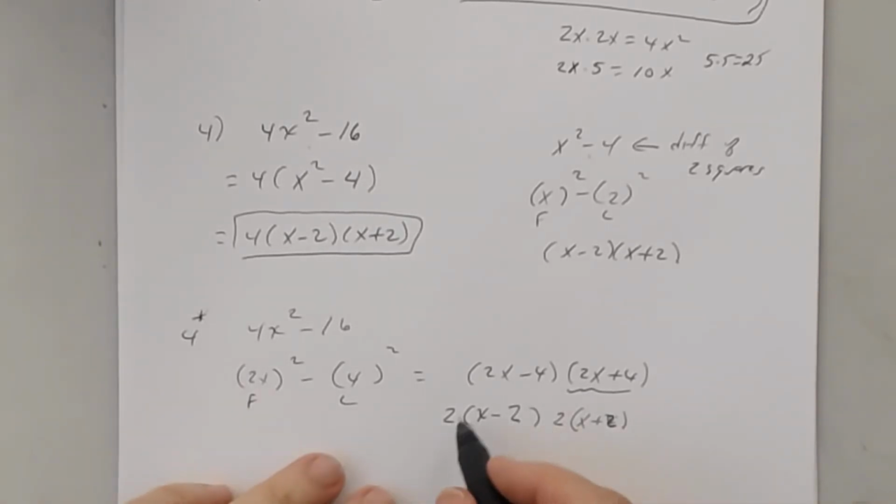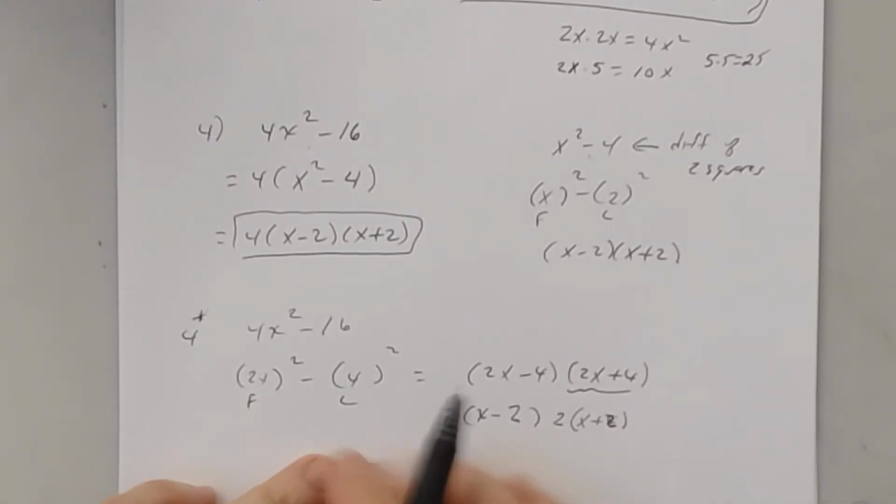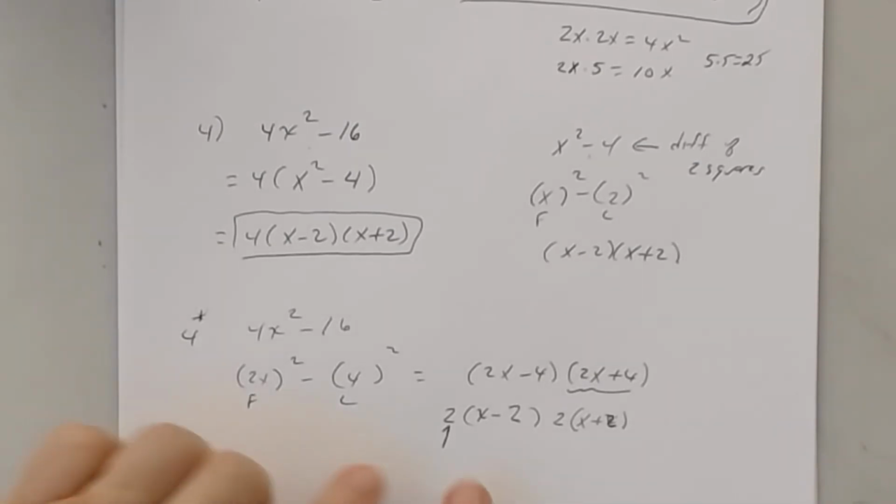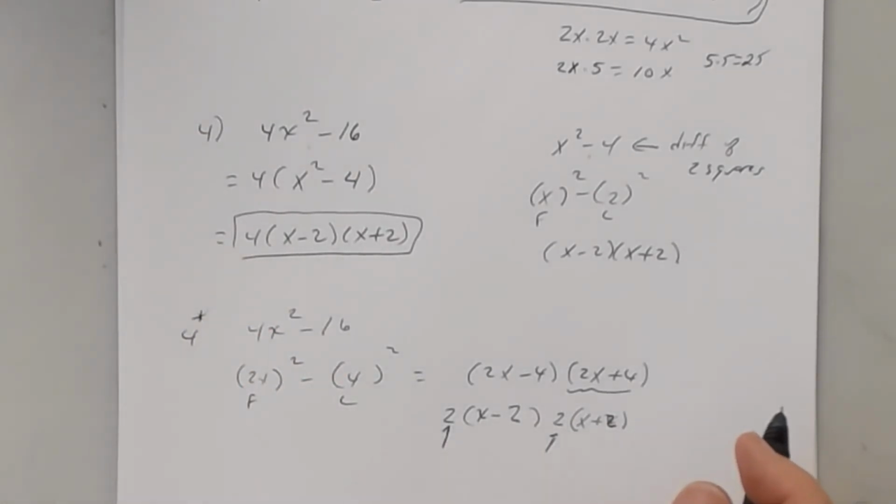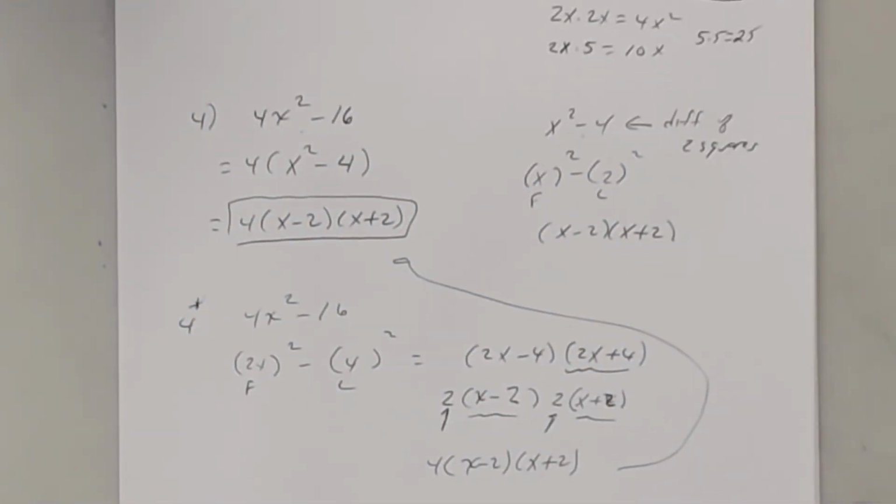But remember all this multiplication, right? The order in which you multiply does not matter. Multiplication is commutative. So I know that 2 times 2 is what? 4. So I expect you to say 2 times 2 is 4. So you get 4 times these two factors, x minus 2, x plus 2, which is what we had here.